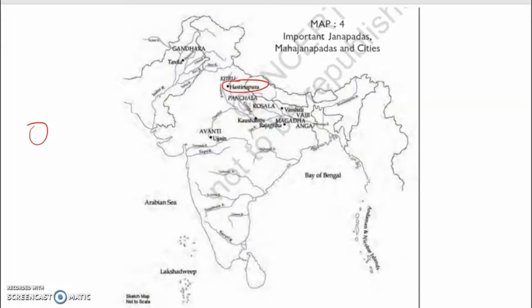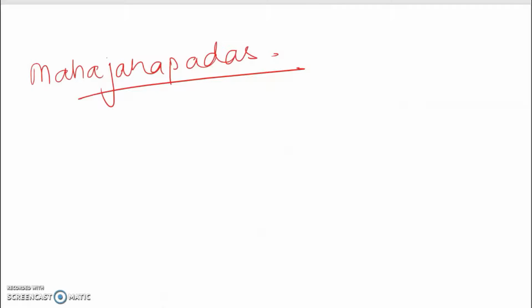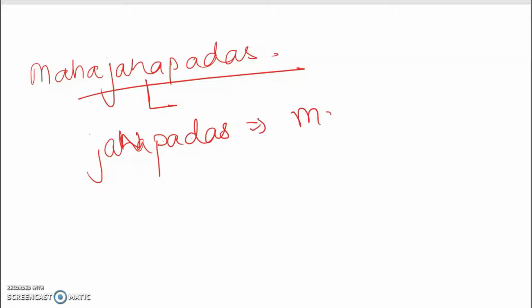Those that started to assert influence over other areas also converted into Mahajanapads. Influential, as the name suggests, Maha. From Janapads, the more influential ones turned into Mahajanapads.